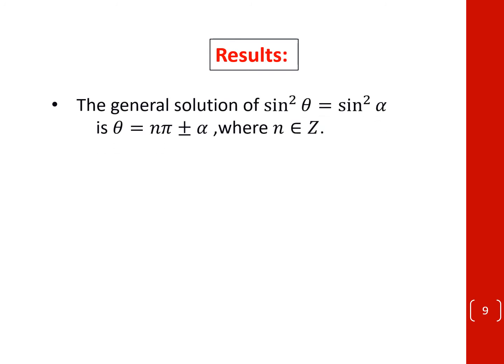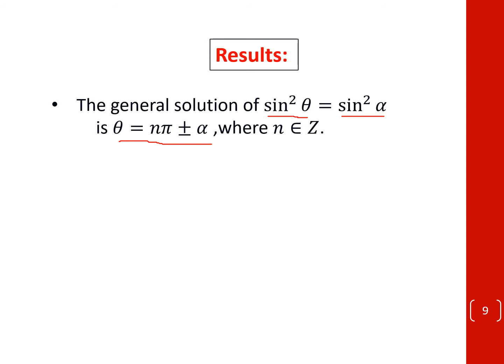More results. The general solution of sine square theta equals sine square alpha is theta equals n pi plus minus alpha, where n belongs to Z. See student, before this we have seen the result in terms of sin theta equals sin alpha.